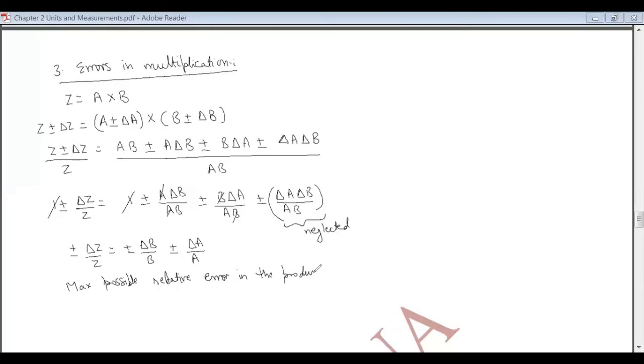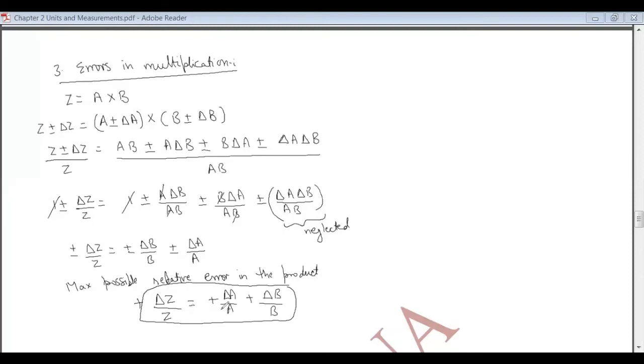So the maximum possible relative error in the product will be equal to Δz/z, which is equal to Δa/a + Δb/b. So the maximum possible relative error in the product will be equal to the sum of the relative errors in individual measurements.